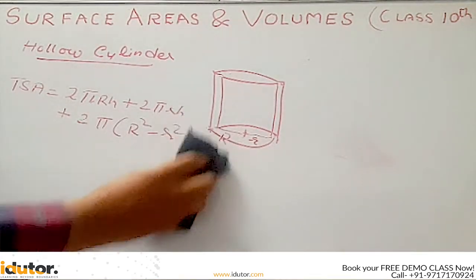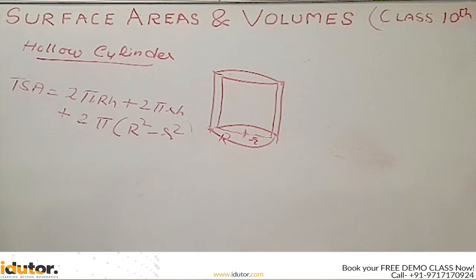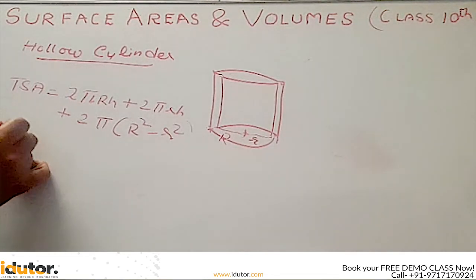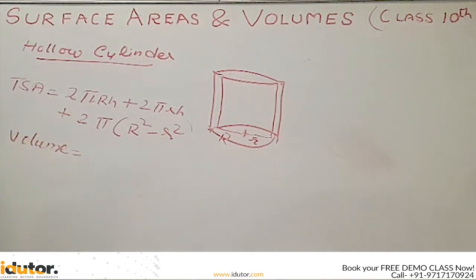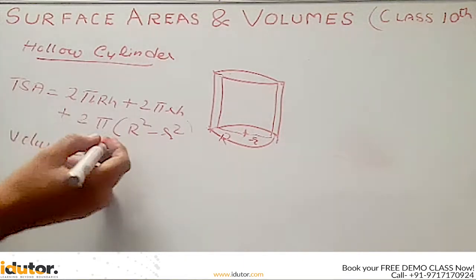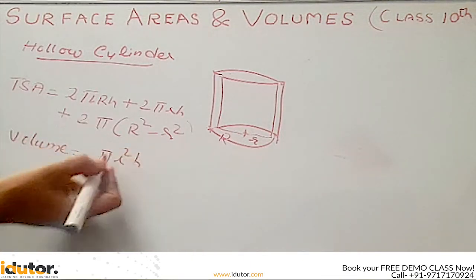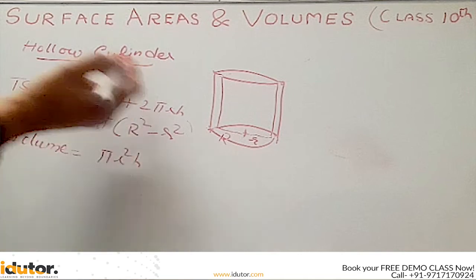Okay. So friends, here we also will discuss the volume. How will we find out the volume? Now, volume, you must be knowing that normal volume is pi r square h. This is the normal volume of a cylinder. But here we are discussing the hollow cylinder.